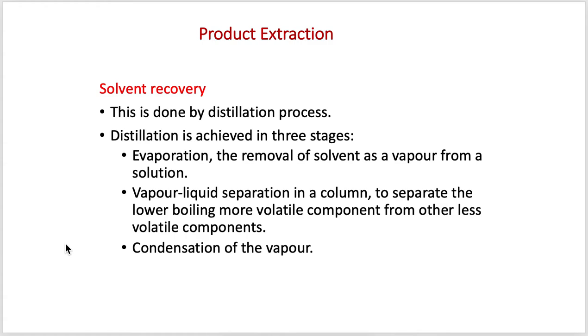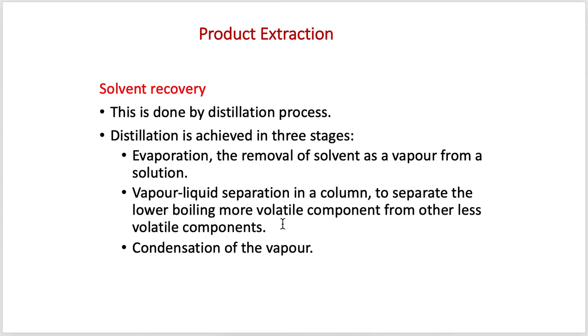The distillation process may be achieved in three stages. First, evaporation, the removal of solvent as a vapor from the solution. Then vapor liquid separation in a column is done to separate the lower boiling, more volatile component from other less volatile components, sometimes called fractional distillation.